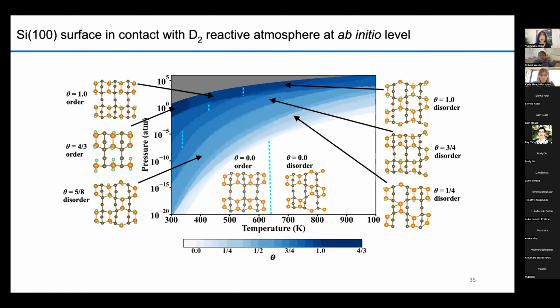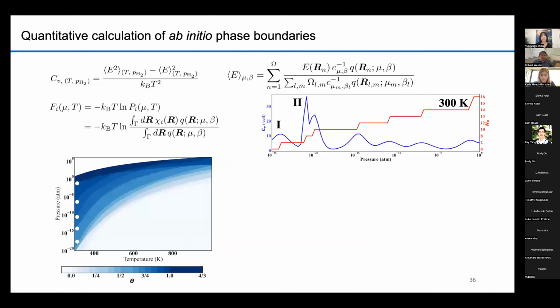And we found, separated by this dashed line, that at relatively low temperatures for the pristine or full monolayer coverage, the surface is in ordered phases, while at relatively high temperatures, the silicon dimer bonds are dynamically forming and breaking in the supercell.